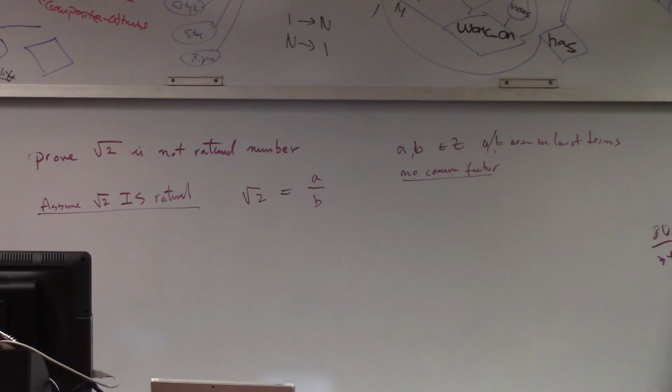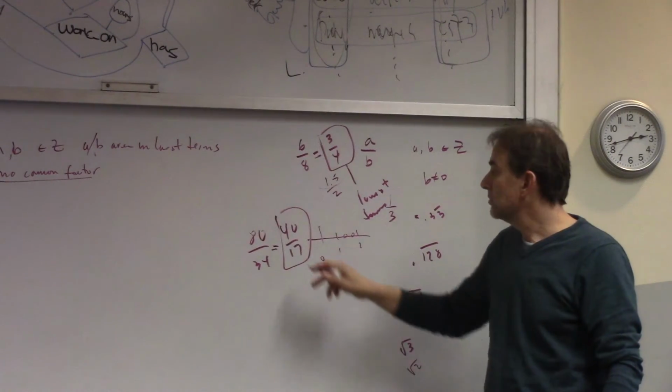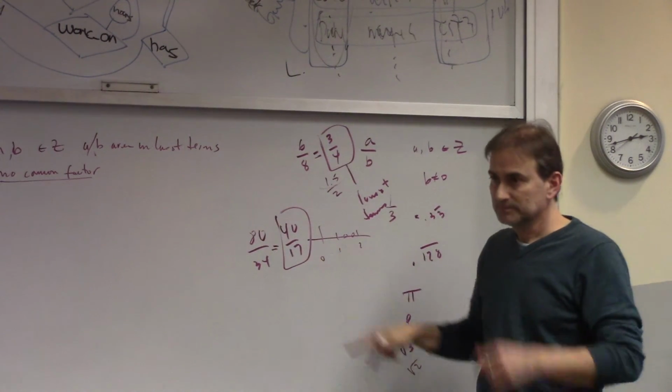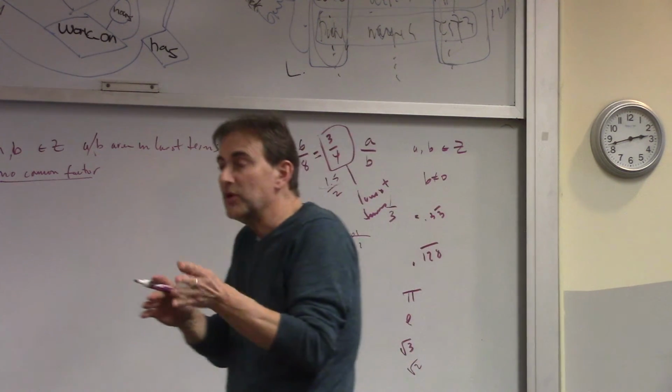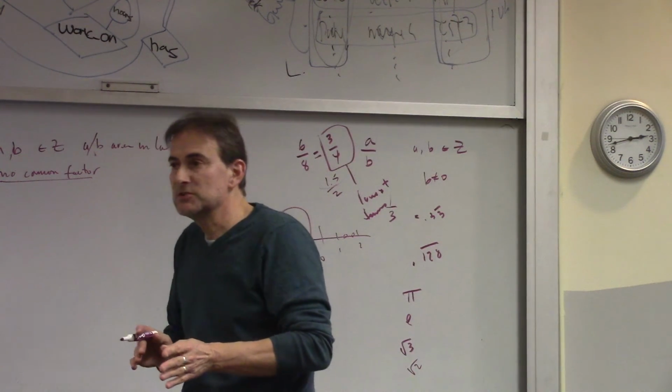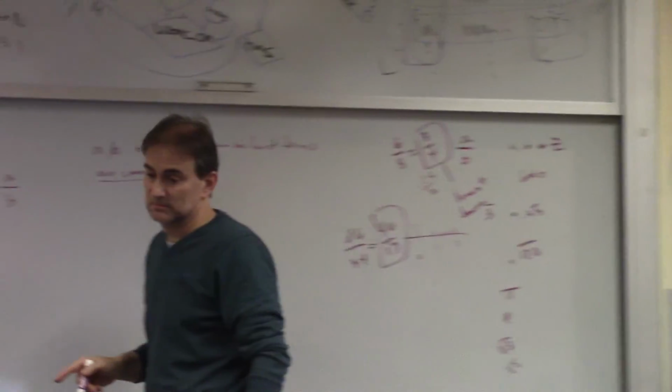Like 3 over 4, done. 40 over 17, done. There's no common factor other than 1. Lowest terms. Every rational number can be expressed as a ratio of integers in lowest terms. This is the ratio.